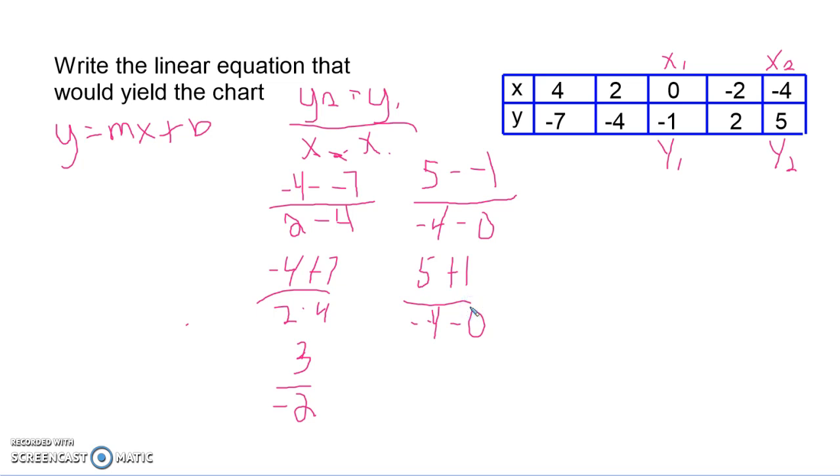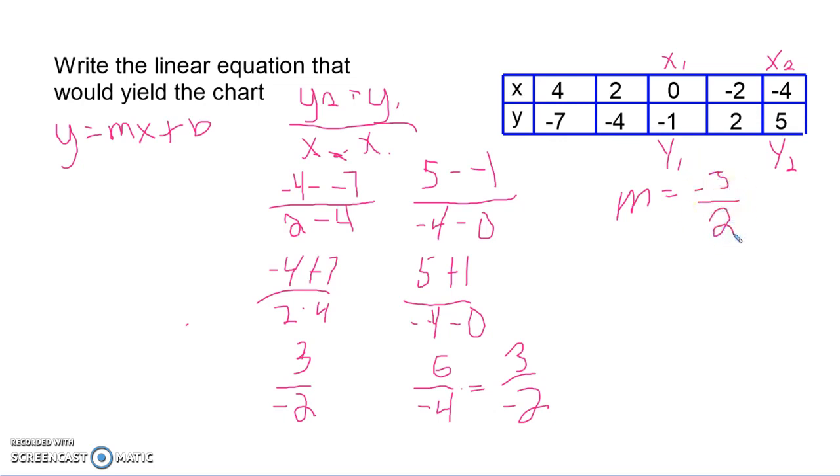So 5 plus 1 is 6, and -4 minus 0 is -4. Now this can be reduced. Both can be divided by 2, and that gets us 3 over -2, or -3/2, which is exactly the same. So you can see we can choose any 2 points from this chart and get the same slope. In this case, the slope, which is m, is equal to -3/2.